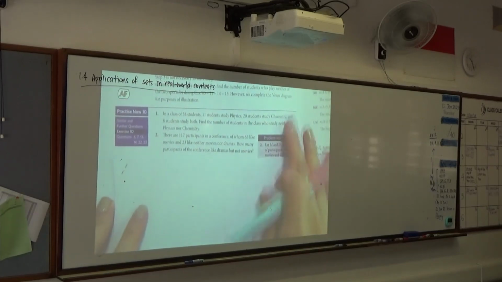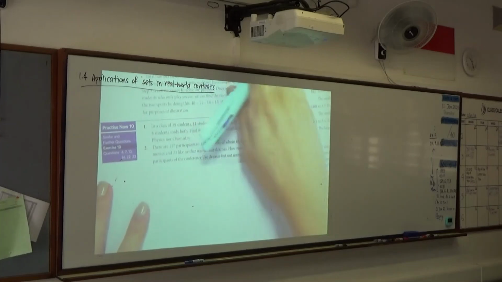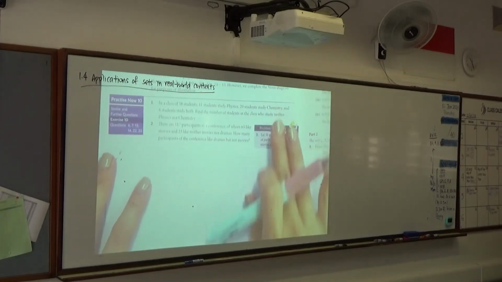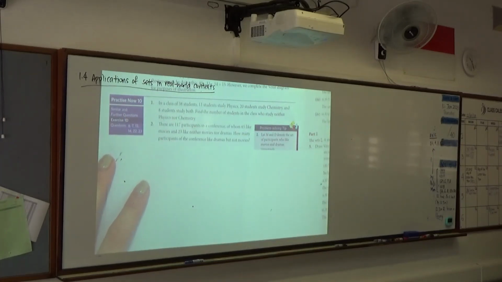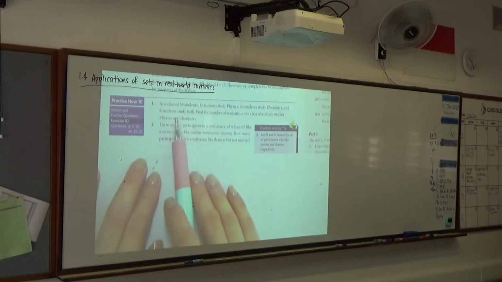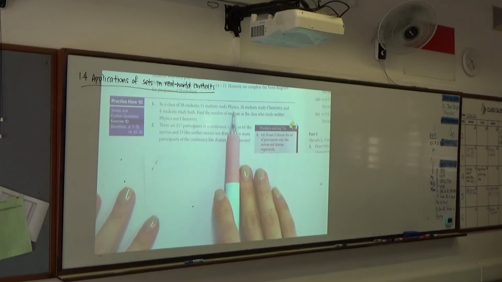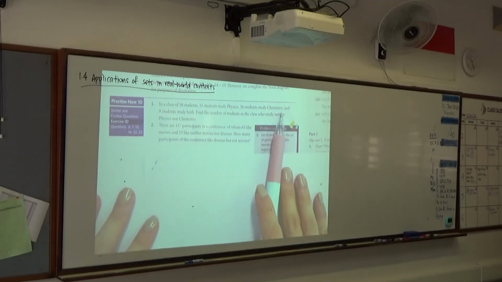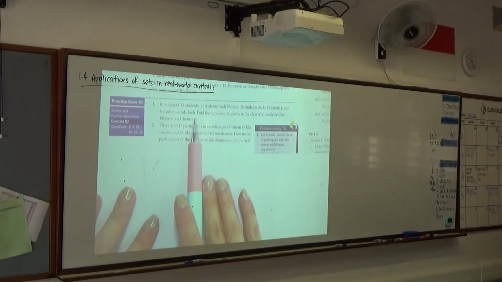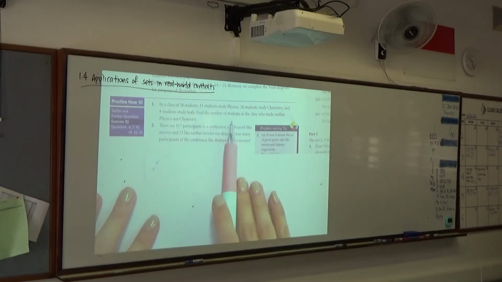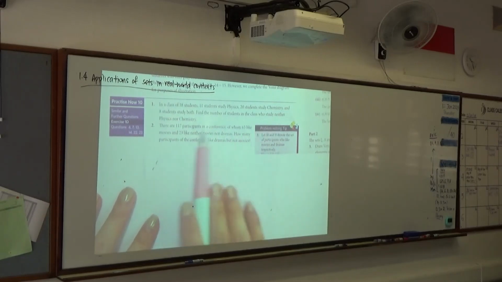Let's look at this one. In a class of 38 students, 11 students study physics, 20 students study chemistry, and 8 students study both. We want to find the number of students in the class who study neither physics nor chemistry.